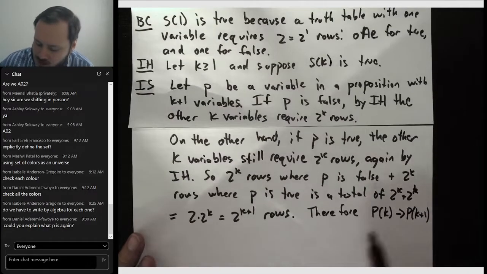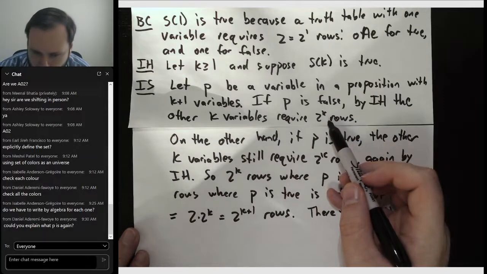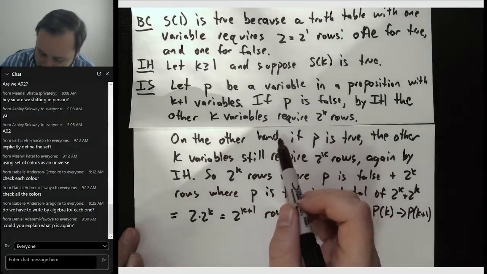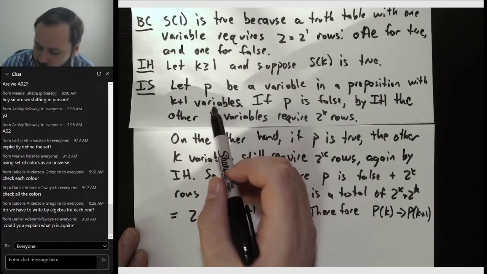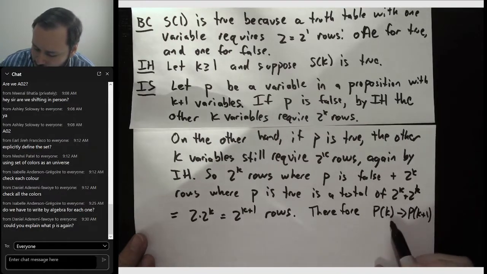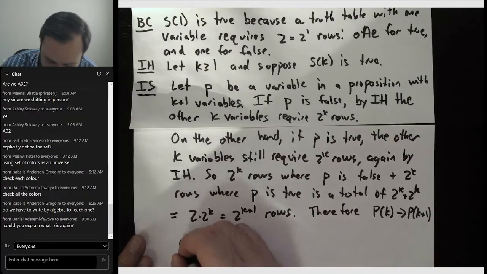Why? Well, P of k was the thing that said if I only had k variables, I would need 2 to the k rows. And now I'm saying I used that to show if I have k plus 1 variables, I need 2 to the k plus 1 rows. So it took P of k to imply P of k plus 1 is true.